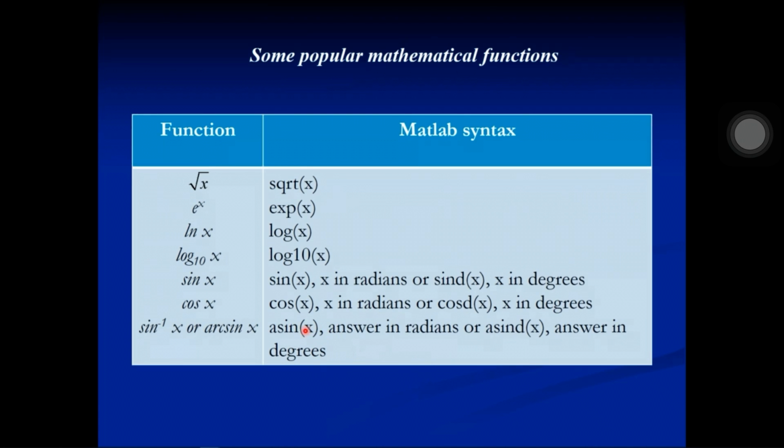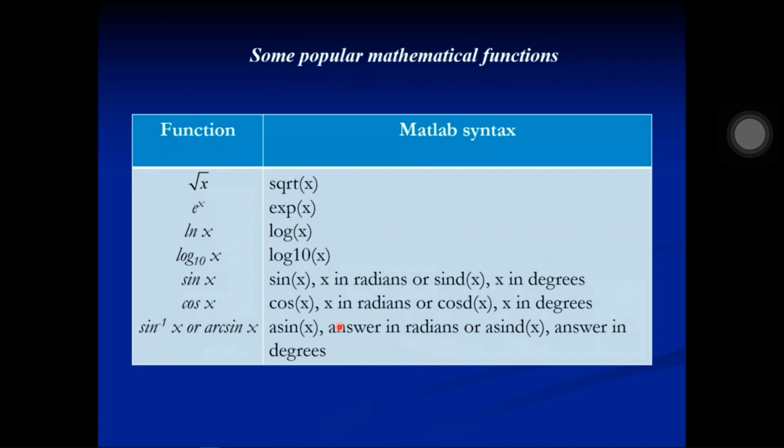And of course, when you do the inverse sine, in math we use sine to the power minus 1, or we use arc sine, but in MATLAB it's asin, acos, atan, and so on, right? It's the arc tangent, the arc sine, the arc cosine. And again, if I give a number, the result will be in radians.